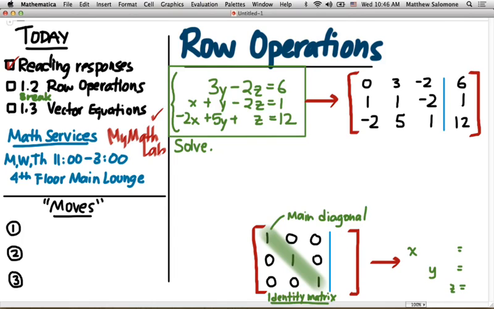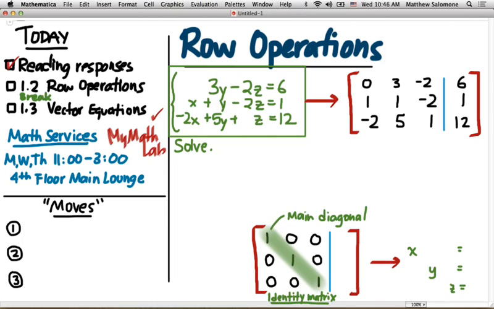But here's the dirty secret about row reduction, is we don't really need to go all the way that far just to solve. If all we care about is solving for x, y, and z, really it would be enough to find just a single variable by itself that we can then substitute into the equation above it to get the value of that variable, which we can substitute in the equation above it to get the value of that variable, right? That was our end game yesterday.